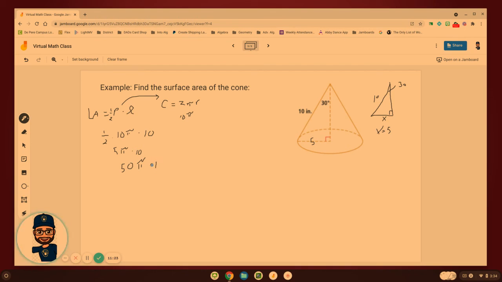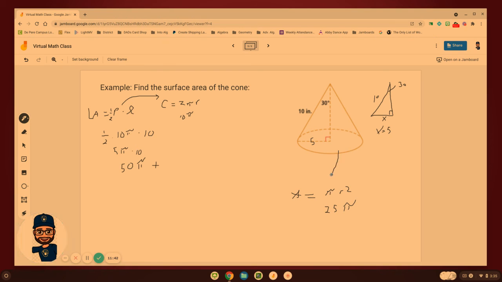Plus, we have to add to that the area of the base. The area of the base is pi r squared. R is 5 in this case. So 25 pi for the area of the base.